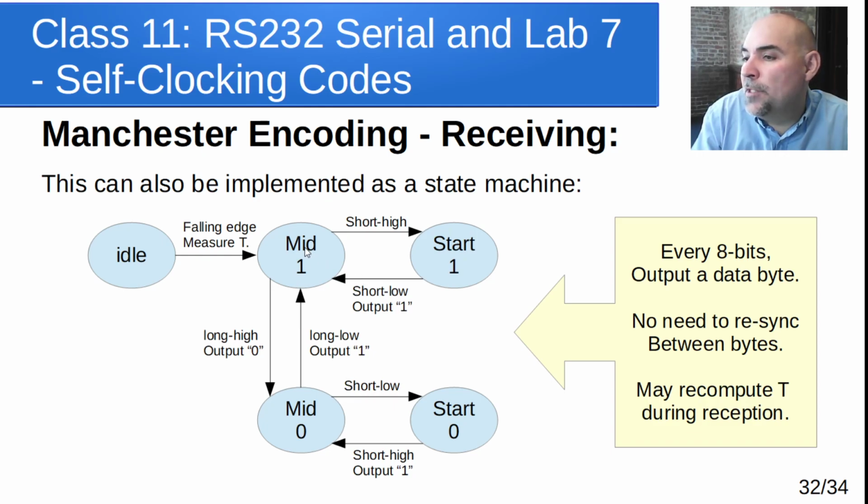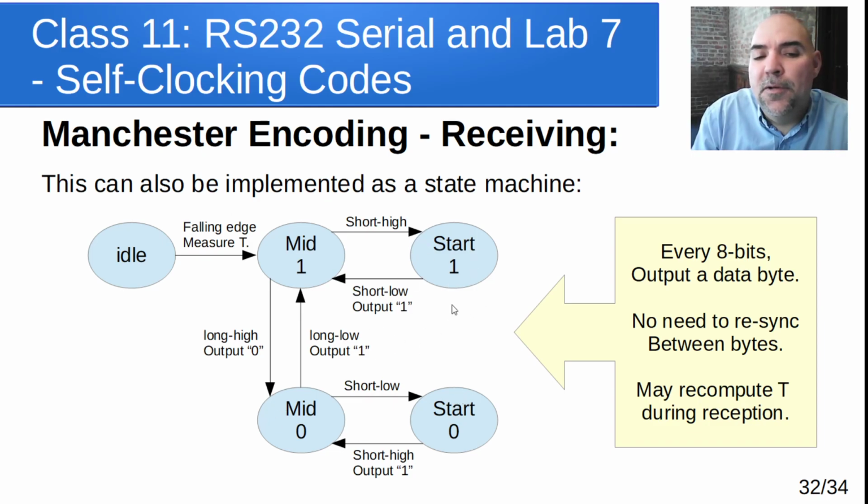So for example, switch state, and then have this be state 0, this state 1, that state 2, that state 3, that state 4, and so forth, and have it jump from one state to another. Rather than calling them 0, 1, 2, 3, 4, I would use a #define: #define STATE_IDLE as 0, #define STATE_MID_1 as 1, START_1 as 2, and so forth.